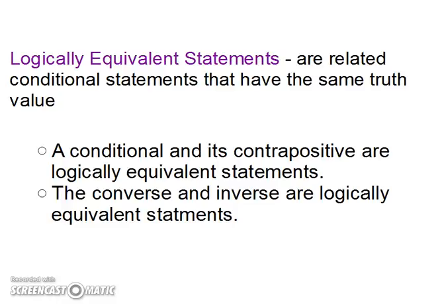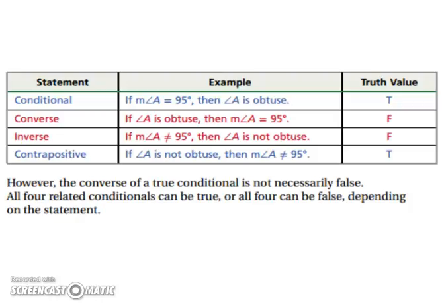Let's look at a table that might help you understand this a little better. So we have a conditional, converse, inverse, and contrapositive of the statement, if the measure of angle A is 95 degrees, then angle A is obtuse.